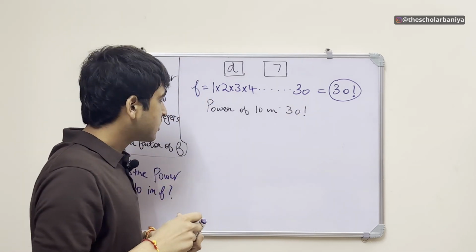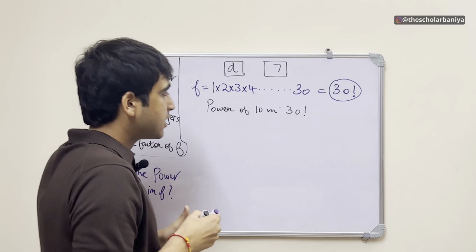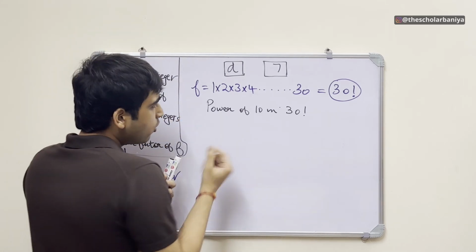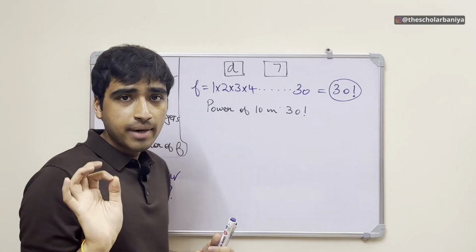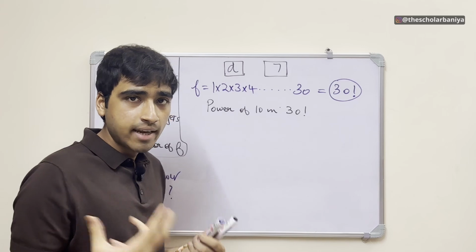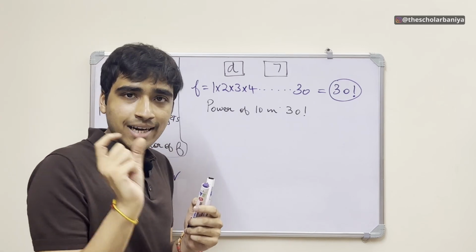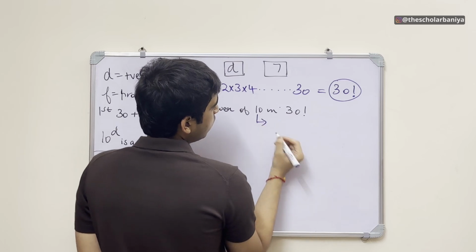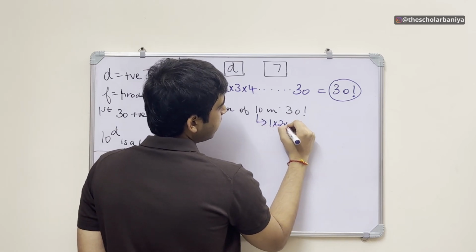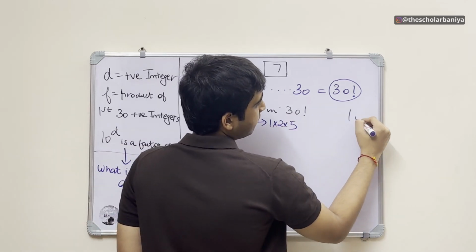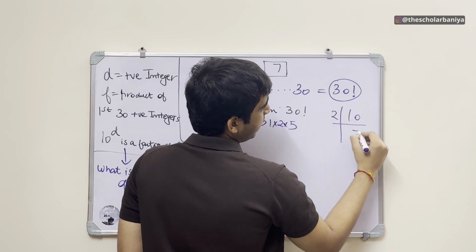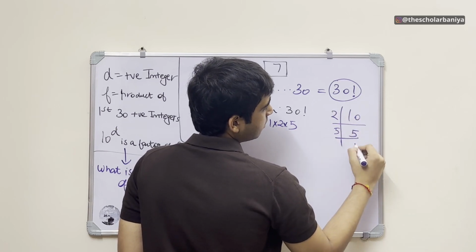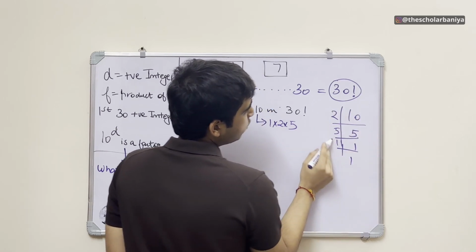So we just did this in the previous question. Let's do it once again. If we see 10, 10 is not a prime number. So firstly, we'll have to break down 10 into its factors and pick up the largest one. If we do the prime factorization of 10, we get 2 into 5 into 1.